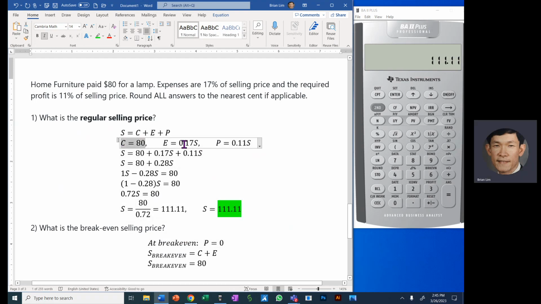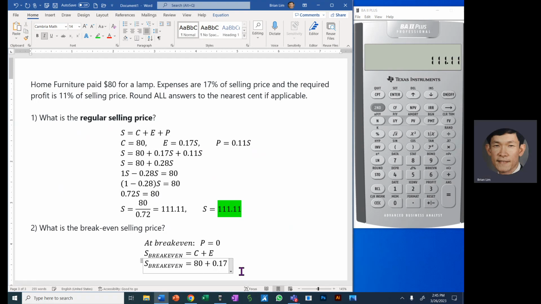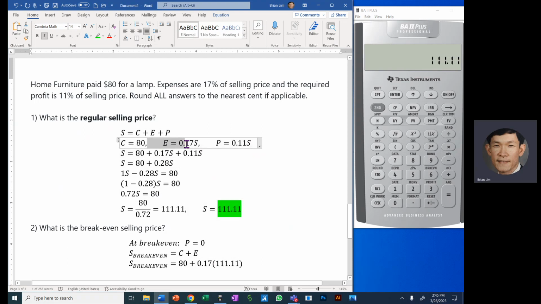But the expenses, we have to take 0.17 times S. So this would be equal to plus 0.17 times 111.11. Correct? This is the regular selling price, and the expenses are based on the selling price. So it's 0.17 times the regular selling price.